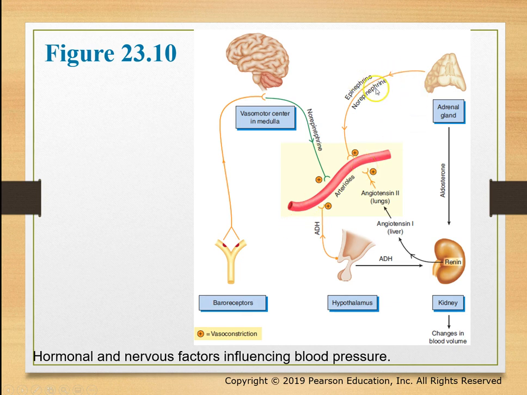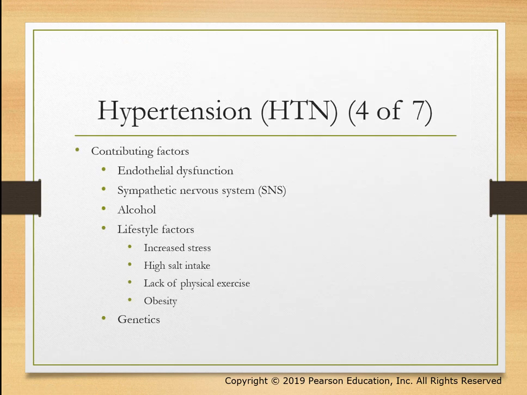That release of epinephrine and norepinephrine from the adrenal gland, right, is going to lead to an increase in blood pressure, okay? And also, you can see here, aldosterone is going to lead to changes in blood volume. If you're increasing blood volume, you're also increasing blood pressure, right? So there's both nervous system actions and hormonal actions that will change blood pressure.